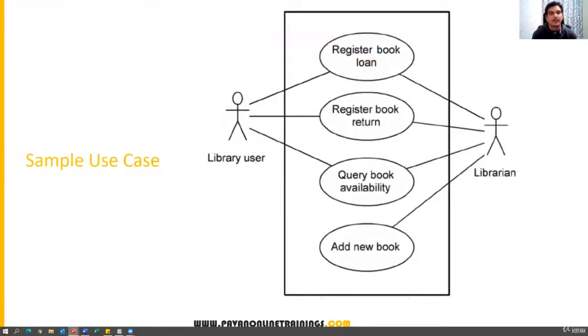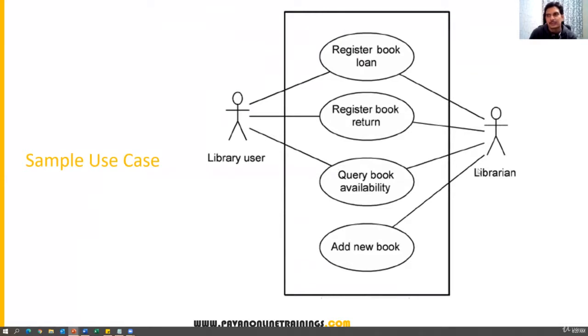Now, this is a sample use case, guys. I told you the use case contains three different parts. Remember, a use case contains three different parts: actor, action, outcome, right? If I look here, the library user is the actor, and he can perform certain operations: register a book loan, register a book return, and query book availability.